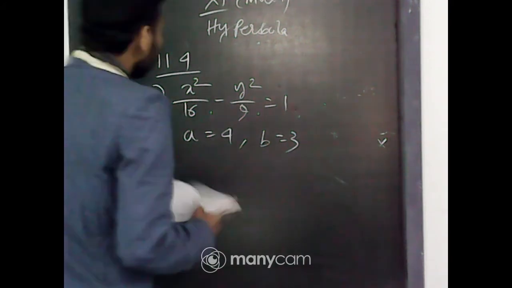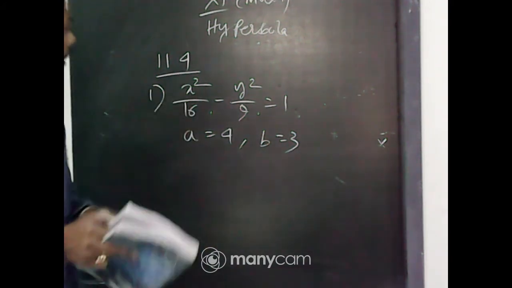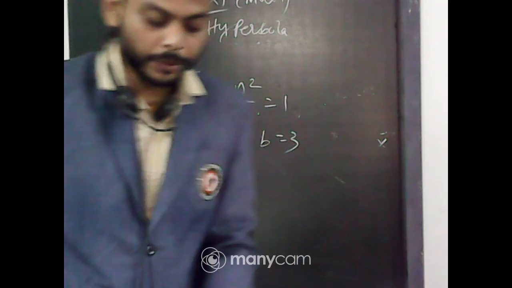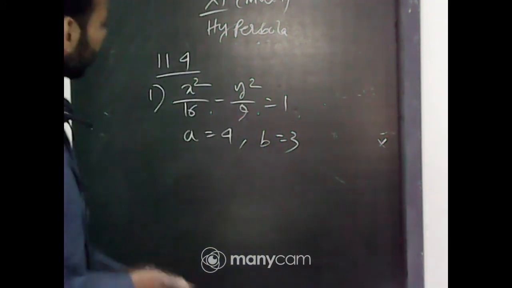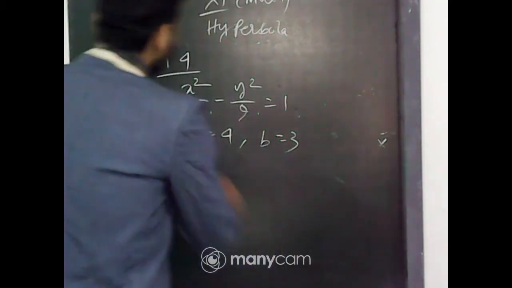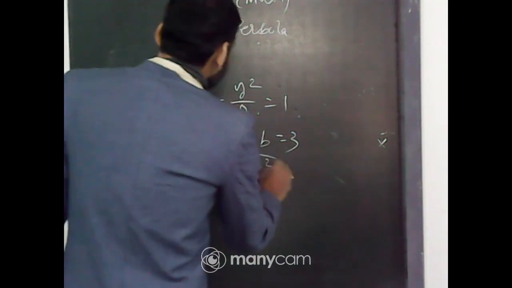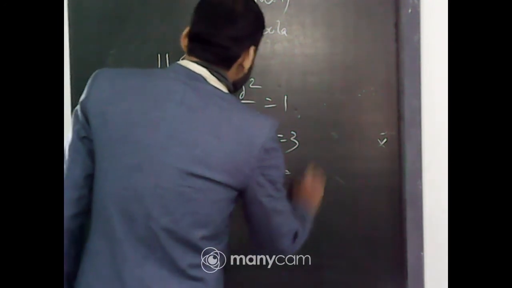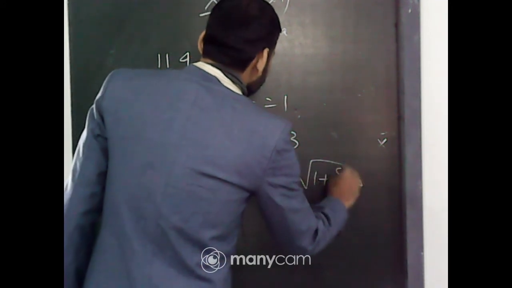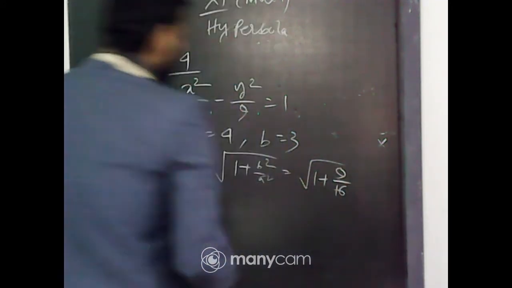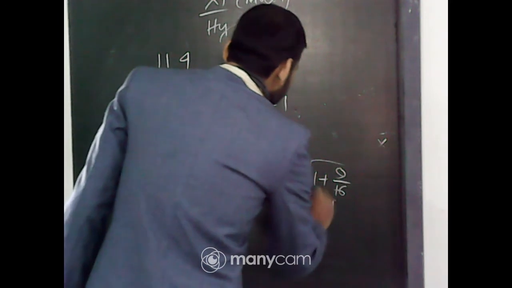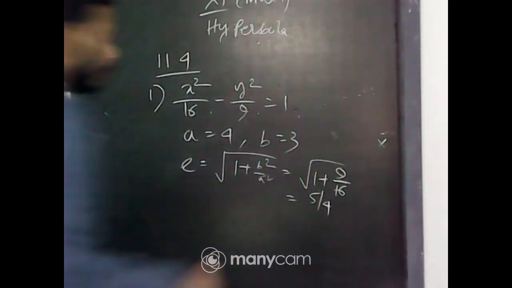Compared to the standard form, a equals 4 and b equals 3. So eccentricity e equals root over 1 plus b square by a square, root over 1 plus 9 by 16, that is actually 5 by 4.